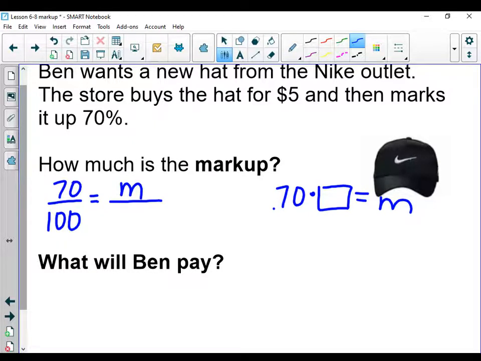They can't sell it to me for $5. They will make no money. Eventually, they will go out of business. They bought it themselves for $5.